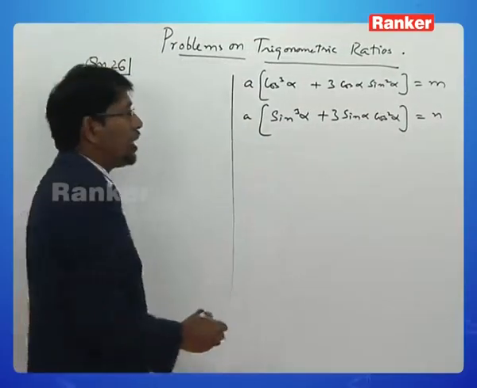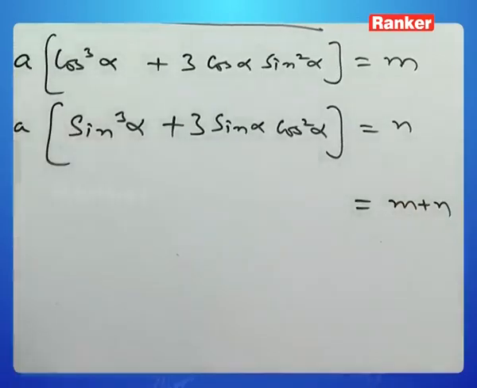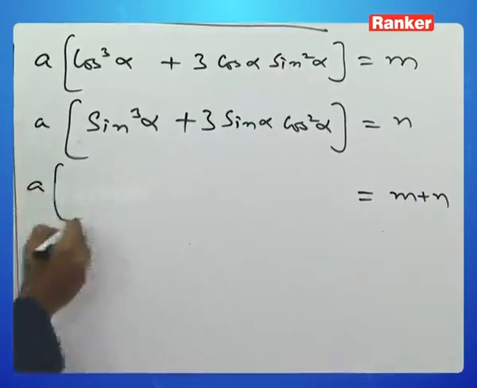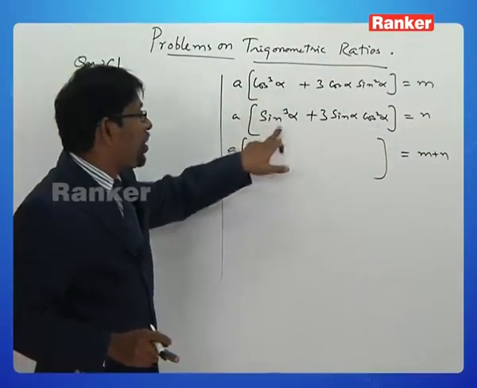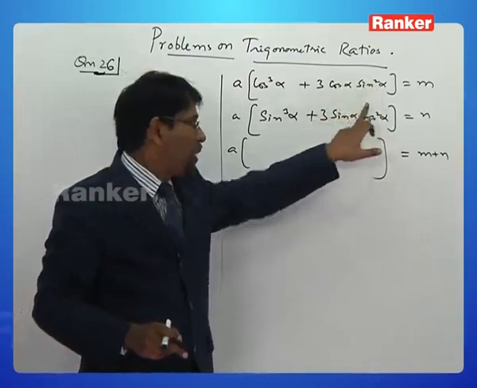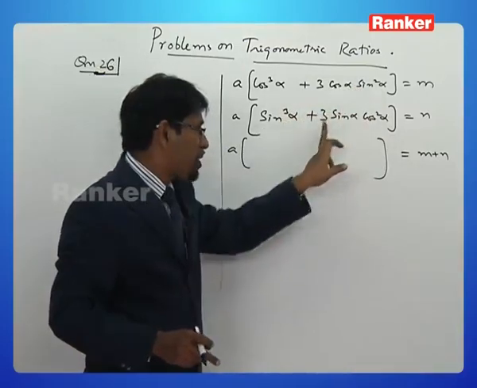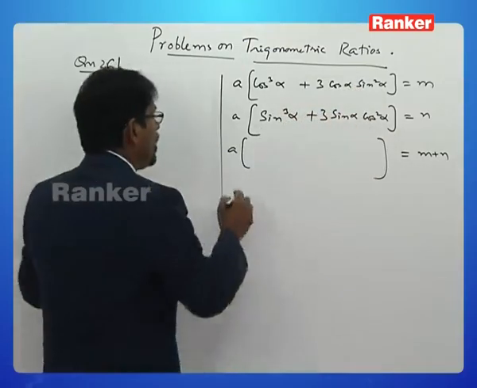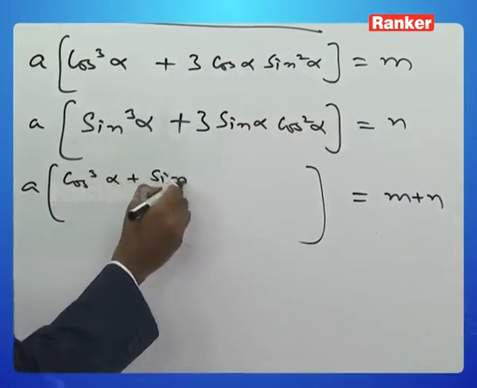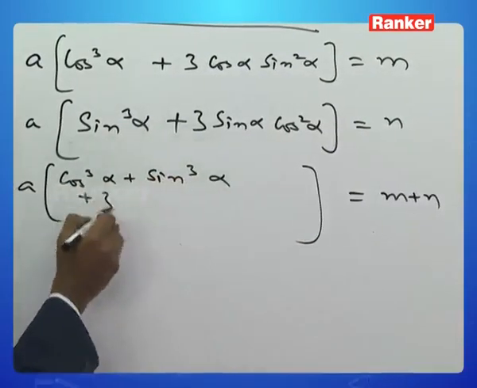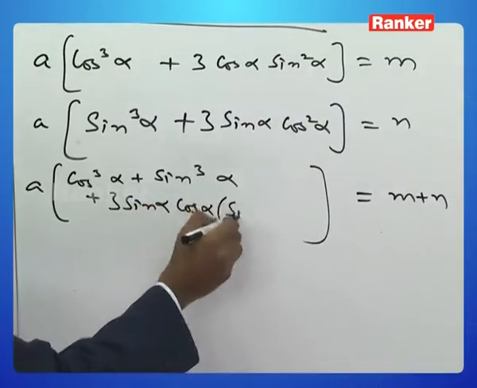Now from here clearly adding the two, what do we have? m plus n is equal to a into cos cube alpha plus sin cube alpha plus 3 cos alpha sin square alpha plus 3 sin alpha cos square alpha. It's in the form of cos cube alpha plus sin cube alpha plus 3 sin alpha cos alpha into sin alpha plus cos alpha.